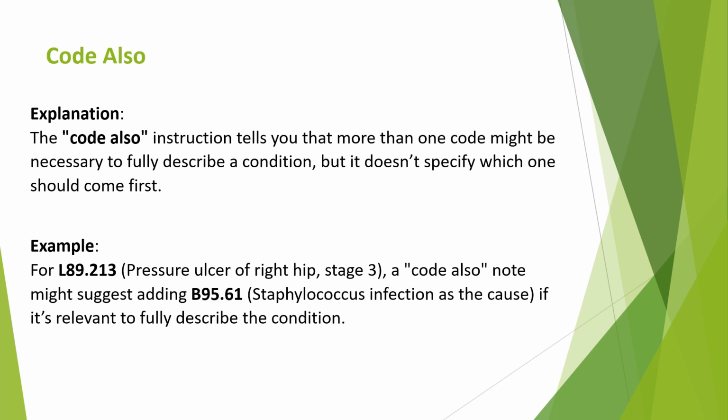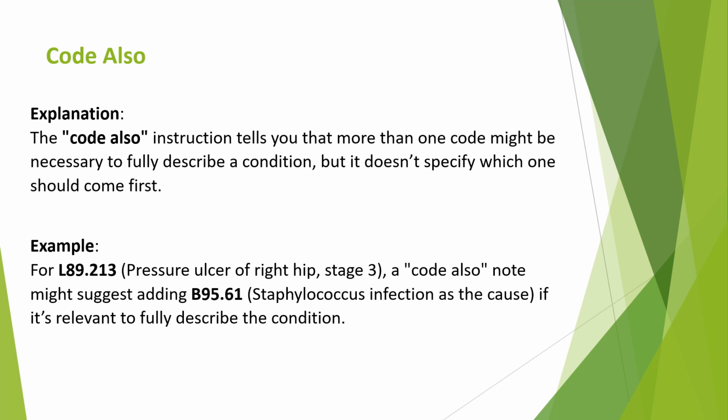Next we have code also. The code also instruction tells you that more than one code might be necessary to fully describe the condition. Here the example is a pressure ulcer of right hip, stage 3, where code also might suggest adding the organism code.